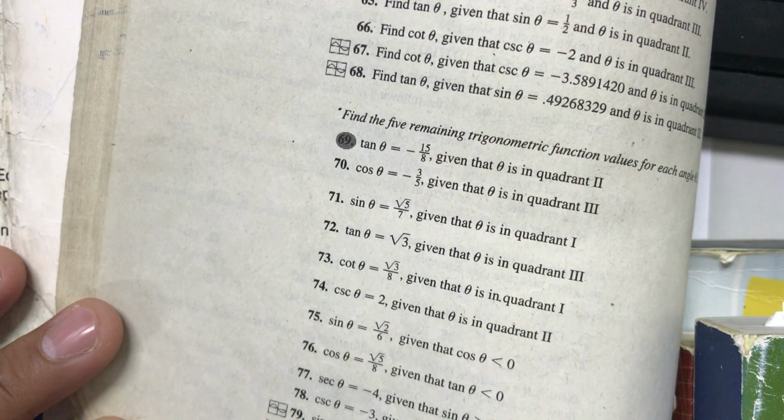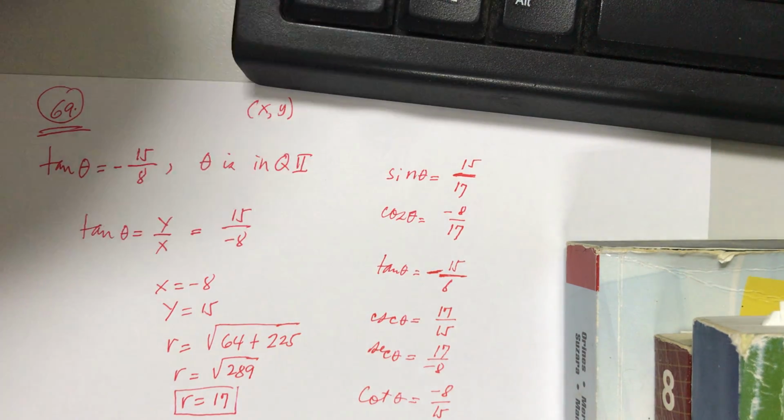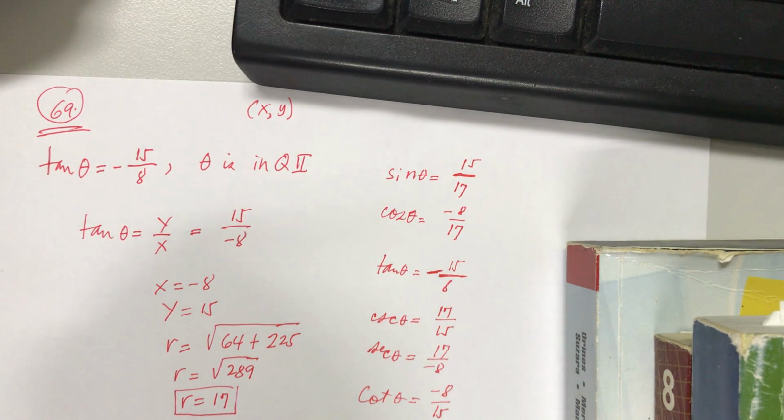Cosine theta is negative of 3 over 5, given that theta is in quadrant 3.